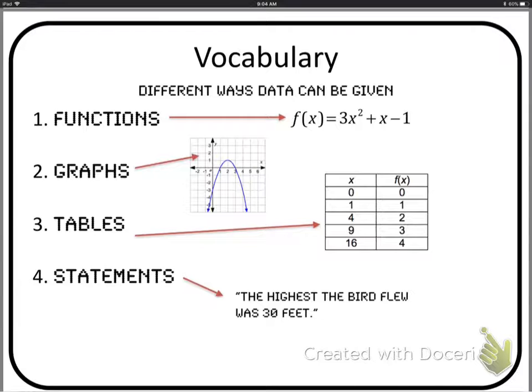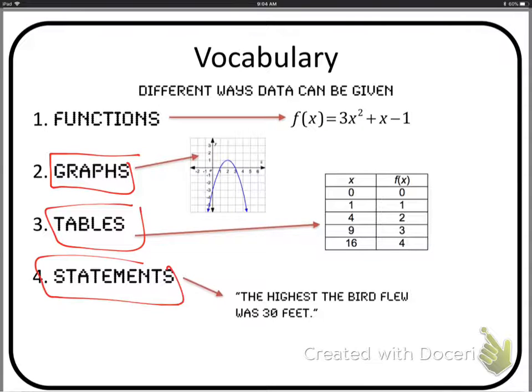Our vocabulary, we have our functions, right? Numbers, variables given in that form. We have data given through graphs. We have data given through tables and statements. Right, so if you look here, the highest the bird flew was 30 feet. We know that the maximum this bird flew was 30 feet.